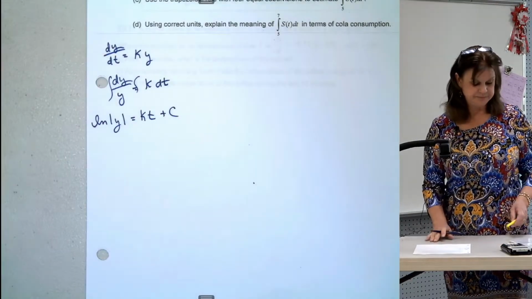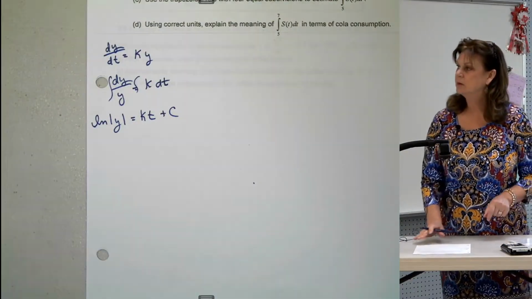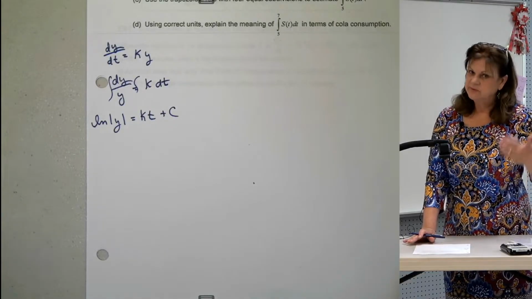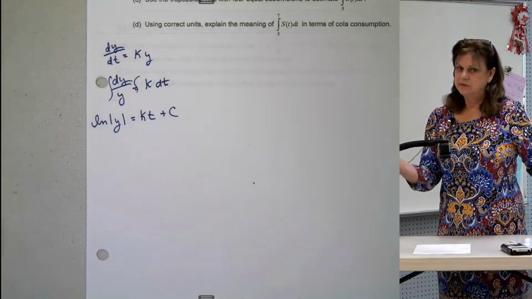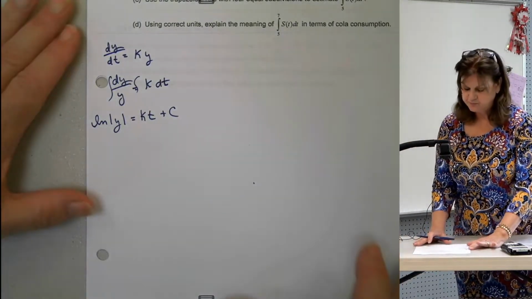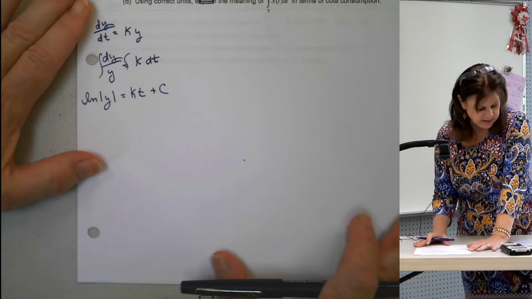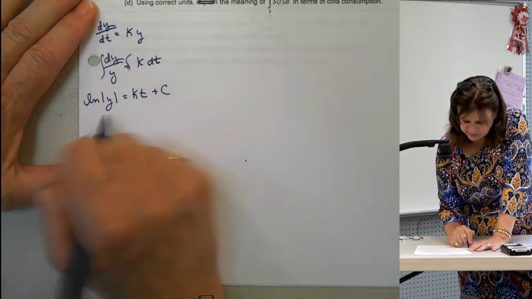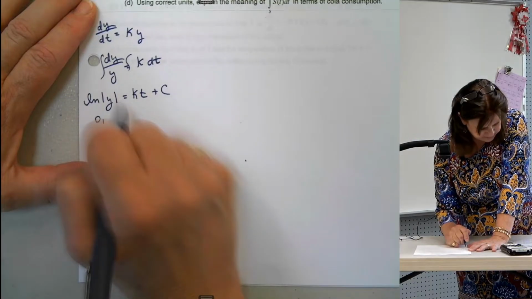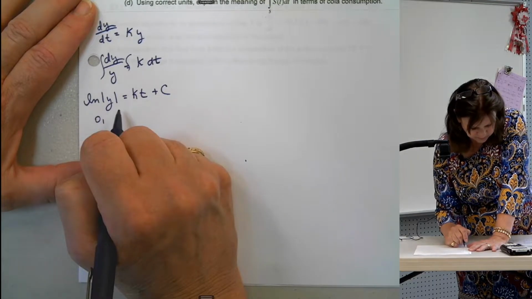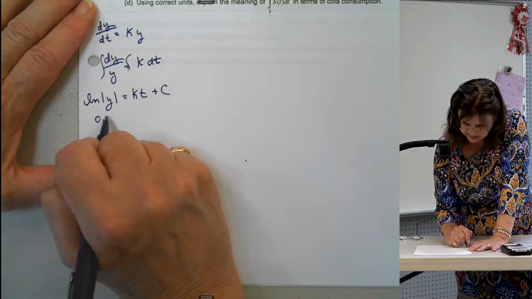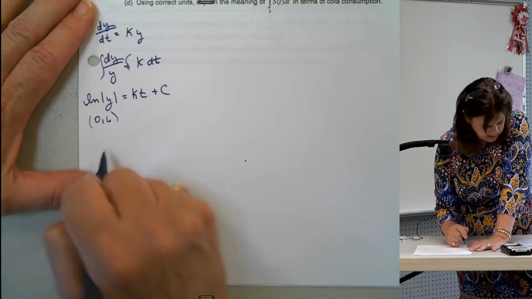Constant of integration. That should be fairly routine by now. Separate, integrate, constant of integration. Okay, initial condition. They tell us at time 0 we have 6 billion gallons.